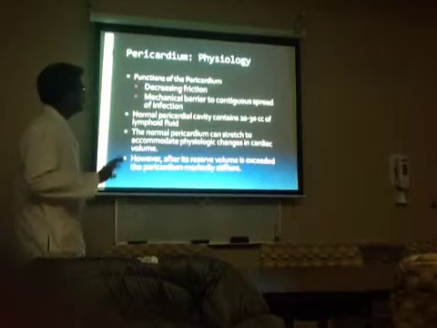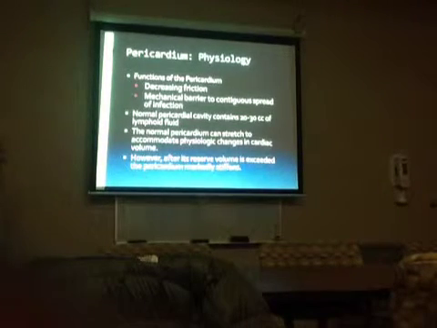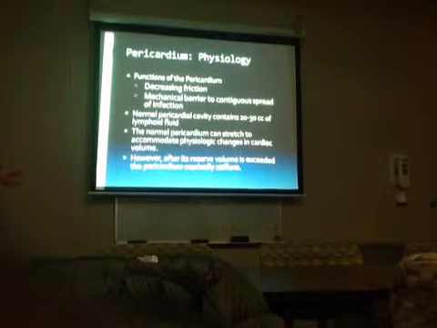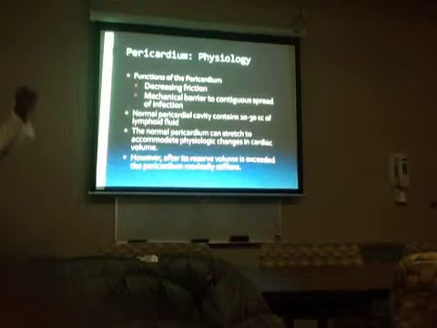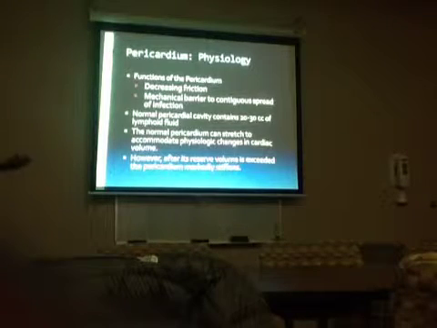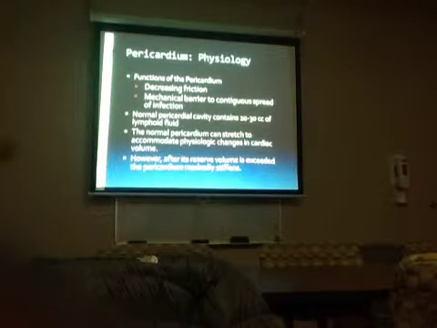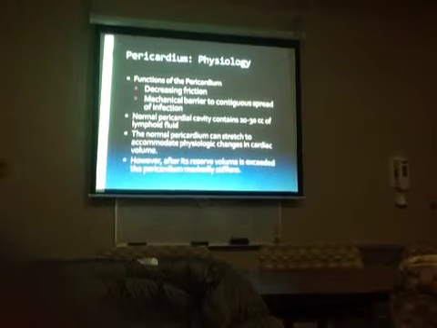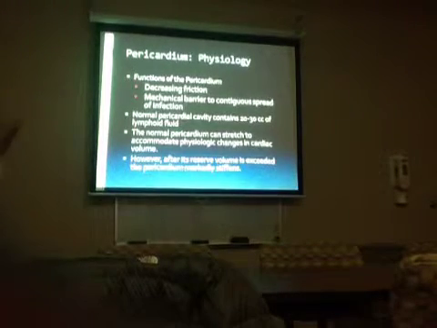It contains about 20 to 30 cc of lymphoid fluid. If you look at it, the surface area of the heart is pretty large. 20 to 30 cc will get distributed so evenly that on the echocardiogram, you hardly see any space, unless there is some pericardial fat. If there is pericardial fat, which correlates with people being obese, having a lot of body fat, or having some weird diseases.